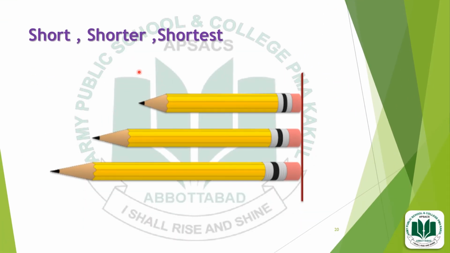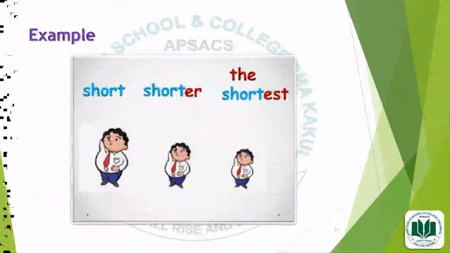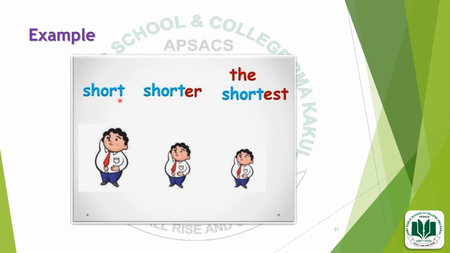Now you have to tell which pencil is short. From these three pencils, this pencil is short, this is shorter than the first one, and the last one is shortest. This is the way we can compare things in terms of short, shorter, and shortest. Compare these.